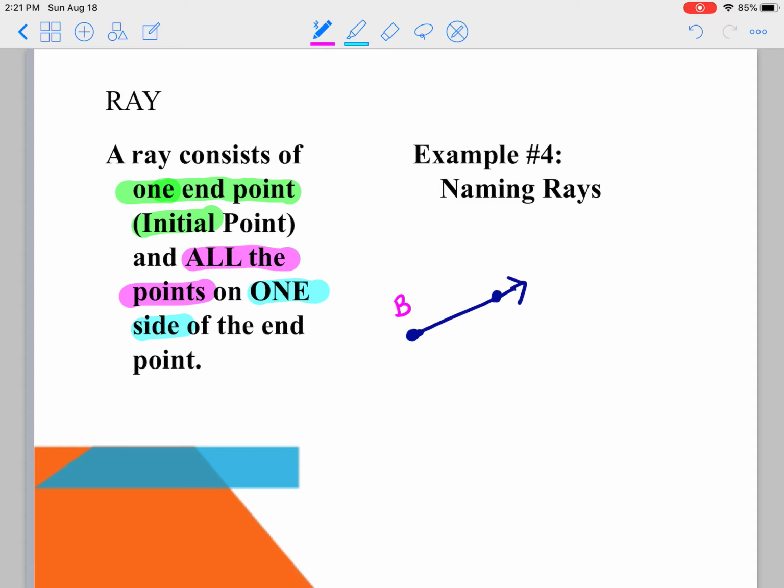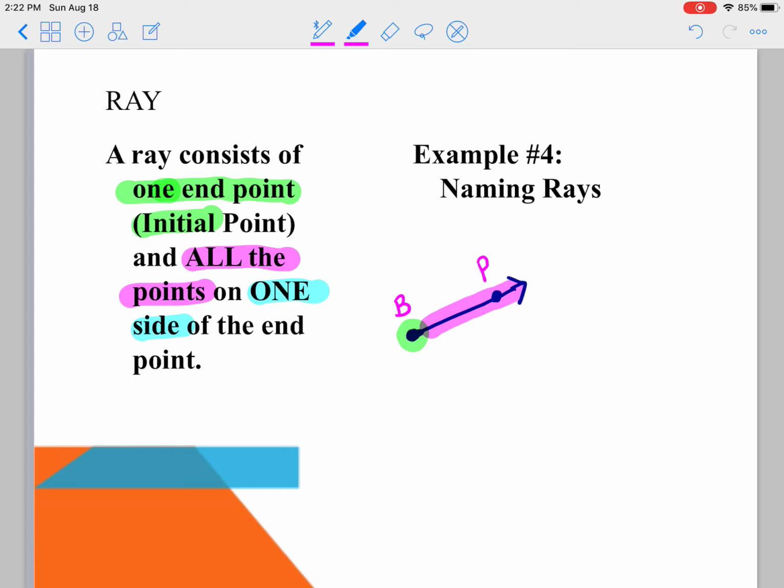Let's call it point P. And so what we have is an endpoint or initial point, which in this case we called point B, and all of the points in one direction on one side of the initial endpoint.